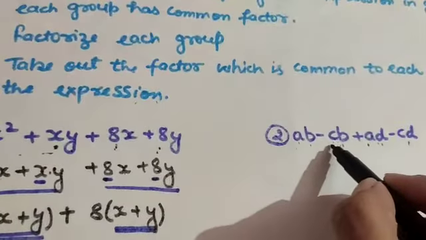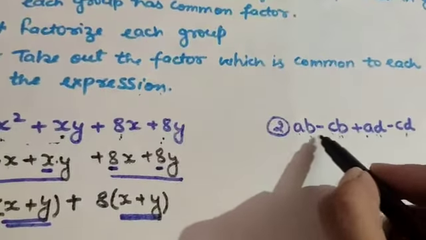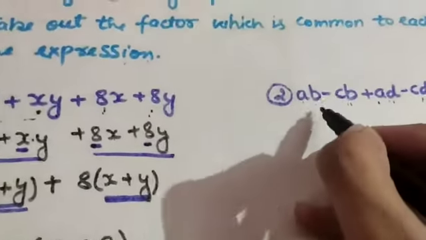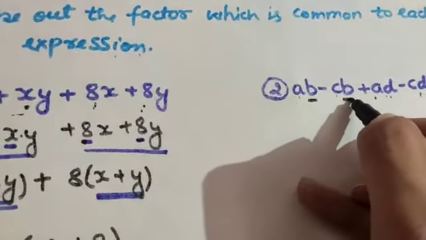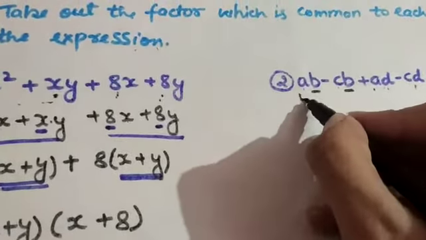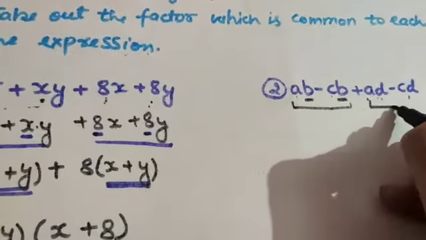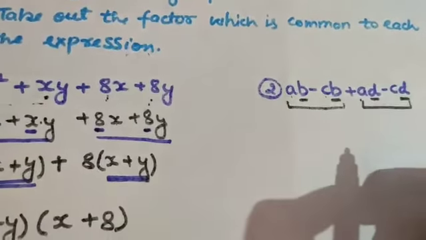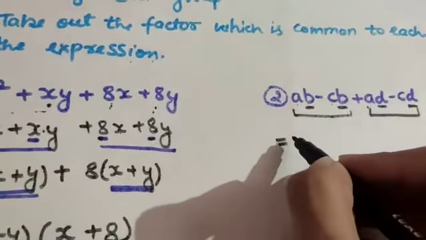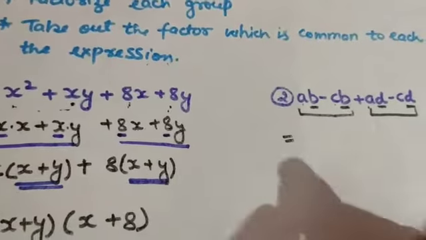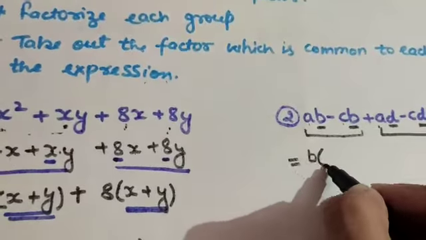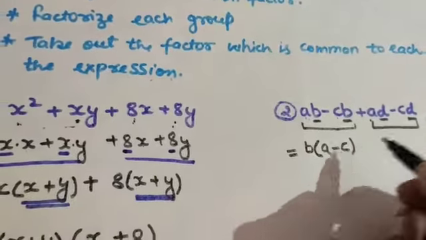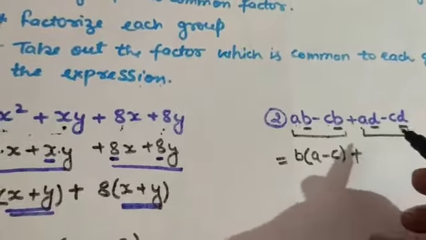So I am taking the first and second terms. They have the common factor B. This is our first group and this is our second group, and the second group has D common. So factorize the first group: take out B common. What is left is A and minus C. Now factorize the second group.